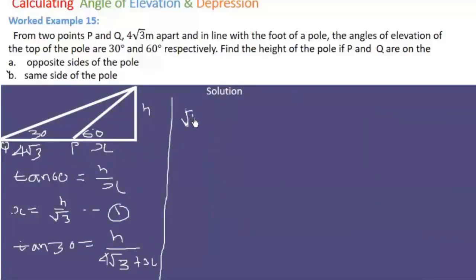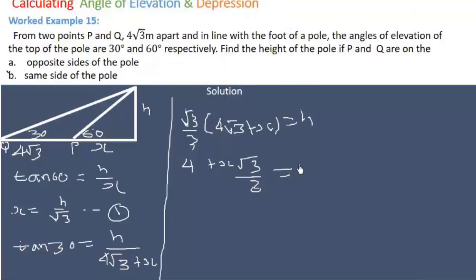So we have root 3 over 3 times 4 root 3 plus x is equal to h. So this will give us 4 plus x root 3 over 3 is equal to h.